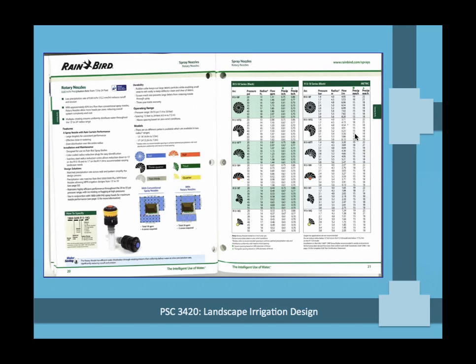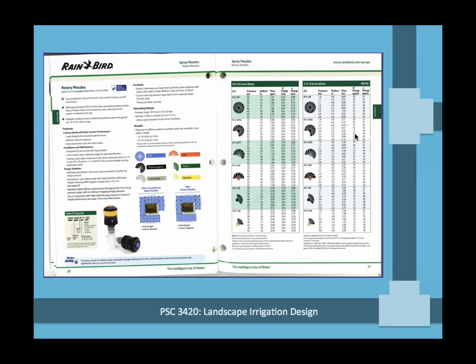So you may not have a paper catalog in front of you, but you can still get access to all of this information, and certainly not just for Rainbird, but for any manufacturer: Hunter, Toro, Irritrol, you name it. They're all available online. So don't worry that you don't have a paper catalog in front of you. I'm just using this as an example.